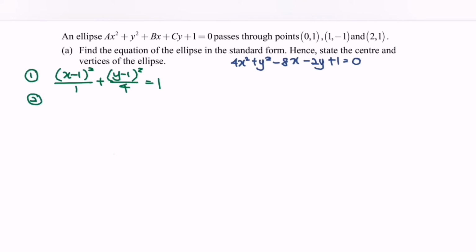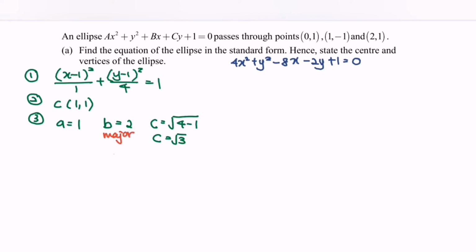Second step, identify the center, where we have (1, 1). Third step, identify the value a is equal to 1, and b squared equals to 4, so b is equal to 2. Finally, we have c is equal to square root of 4 minus 1, so c is equal to square root of 3. So based on the values of a and b, we notice that we have the major on the y, and here we have the minor.